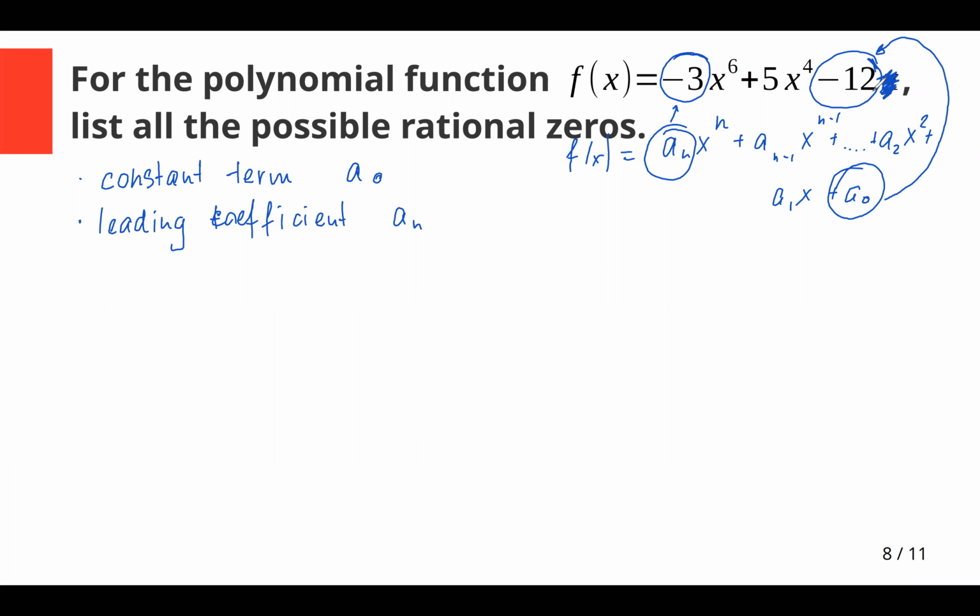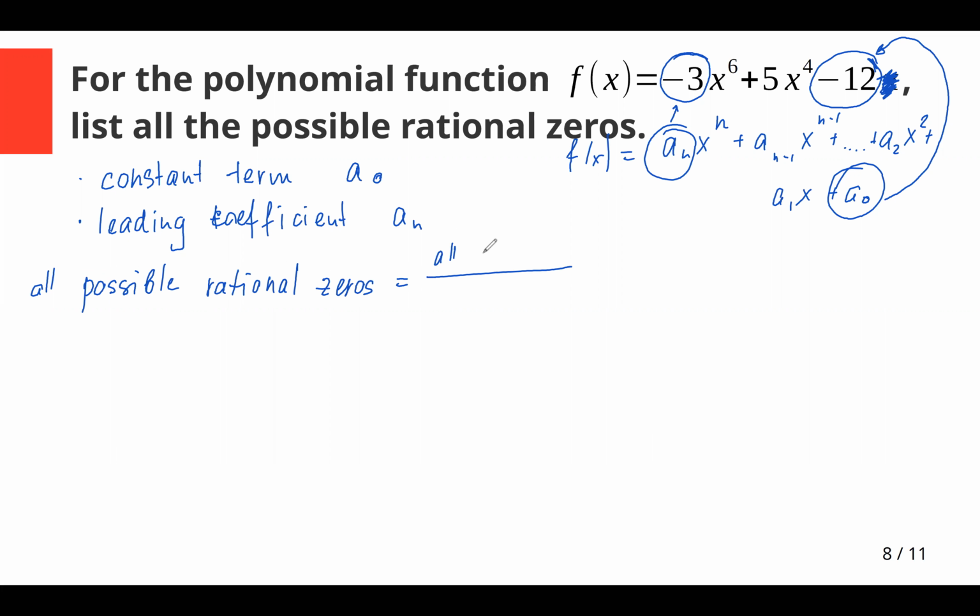Okay. Now, what we were saying is all possible rational zeros could be found from this fraction.